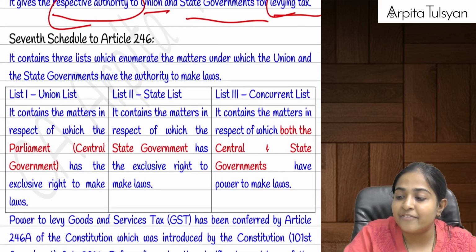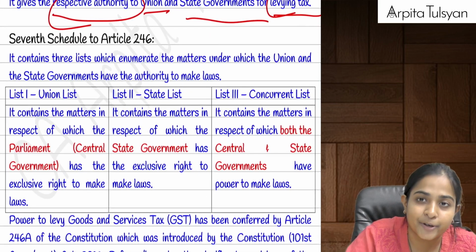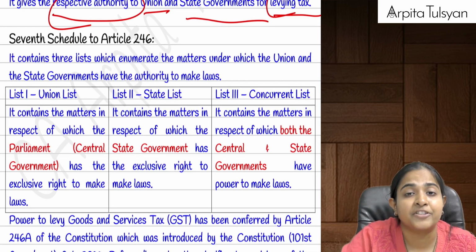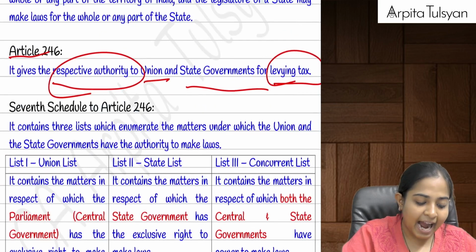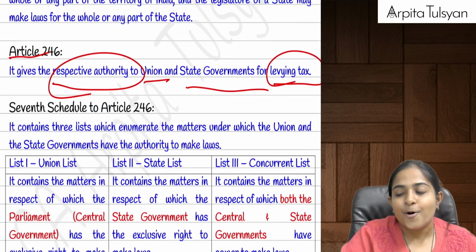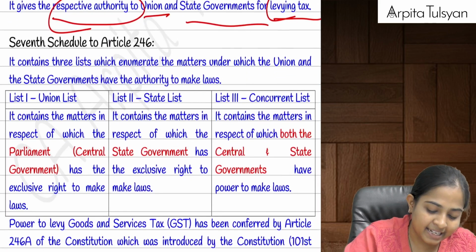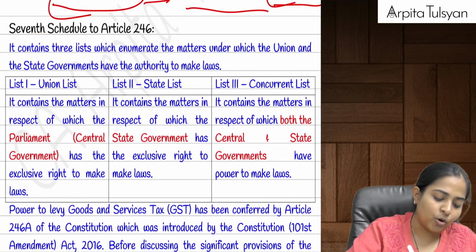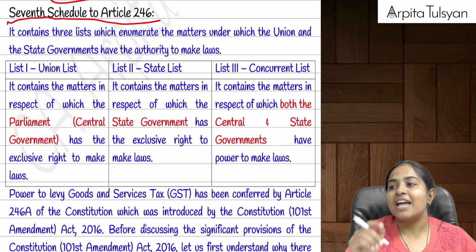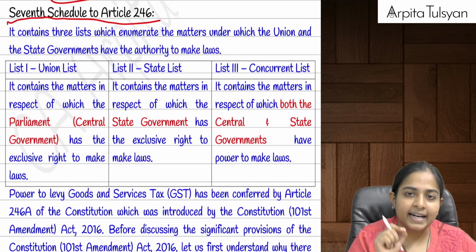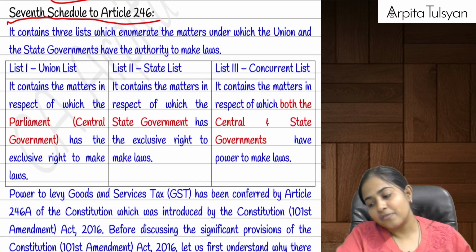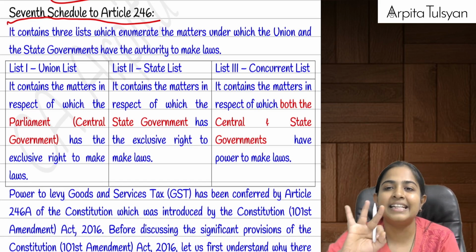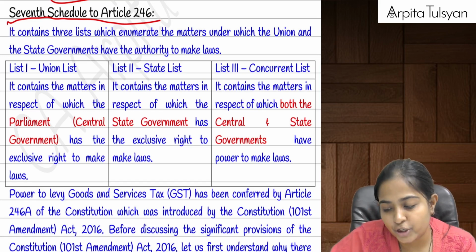So if we ask the Maharashtra government why it is collecting Maharashtra SGST, it will say that I have the powers to levy and collect the taxes. Now, the 7th schedule to article number 246. I will tell you the relevance of this under your GST. In it, they are telling that there are 3 lists in our constitution.